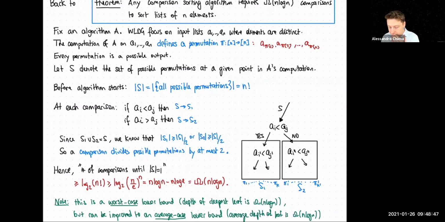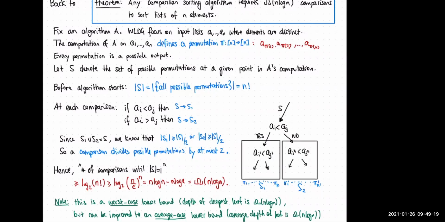All we have shown in this proof is that there exists an input that will cause the algorithm to make order of n log n comparisons. And you might say, well, who cares? Maybe for all other inputs, it makes 5 comparisons, which is pretty good for me, right? So a stronger statement would be to say on most inputs, okay? But that's not the proof that we're showing here, okay?